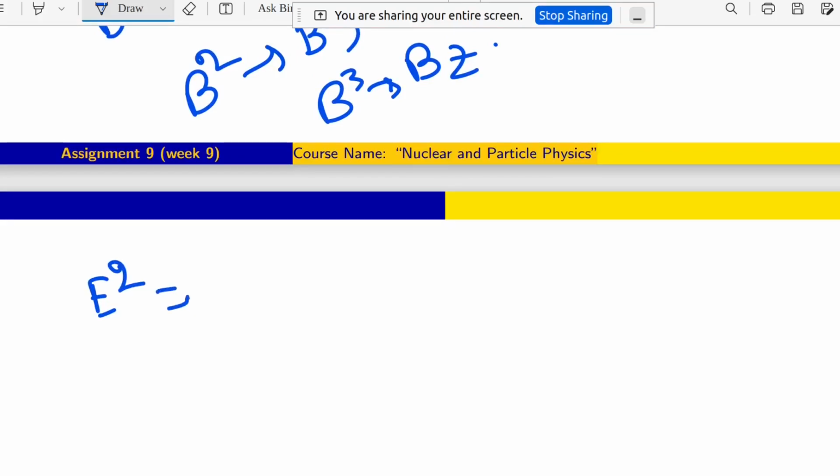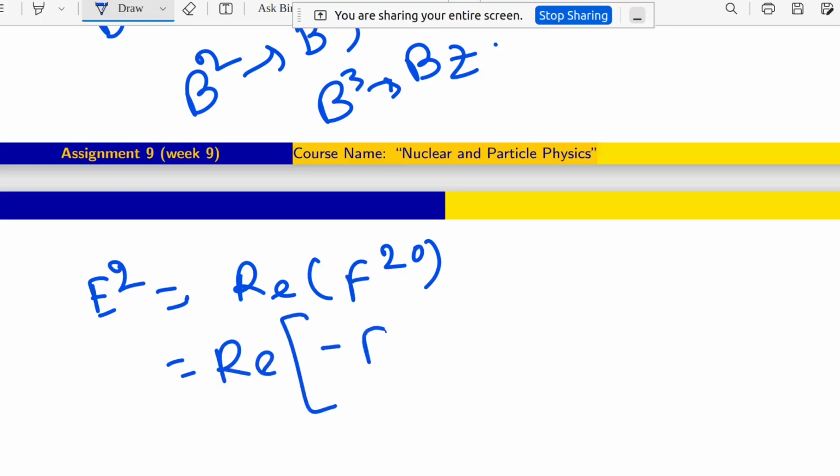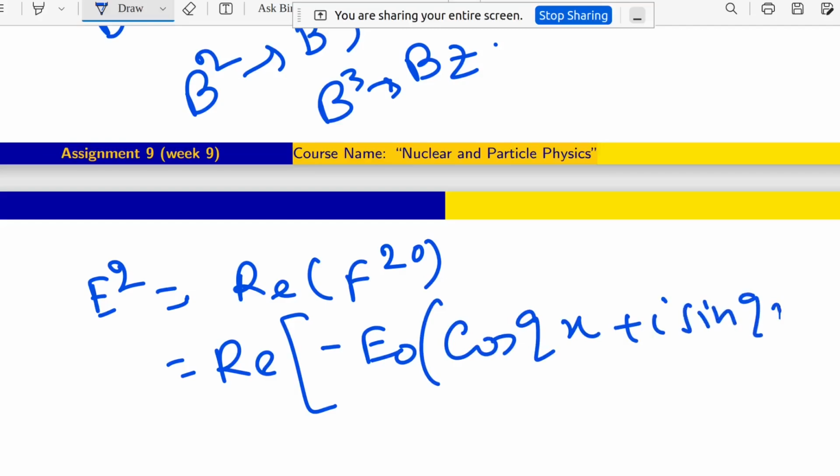So E2, how to write? E2 will be like real of F20. So F2 was what? Let's say real of minus E0. If I just put these values, I am not going to calculate these things again. So it will be like cos qx plus I sin qx.